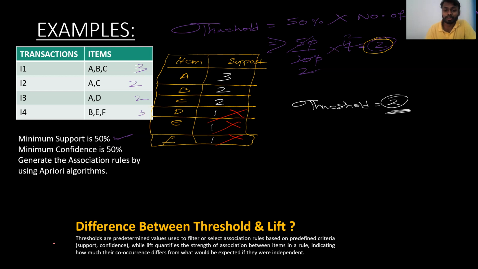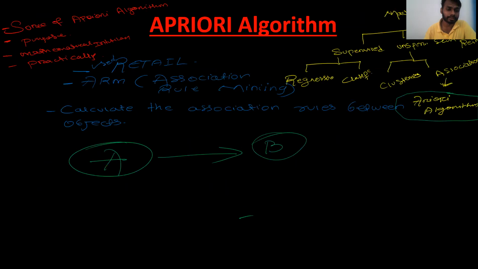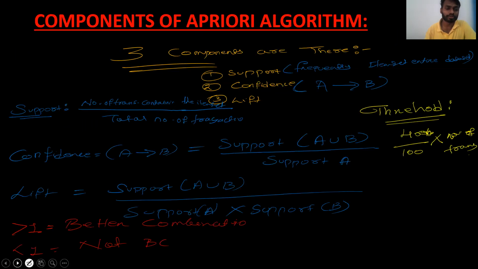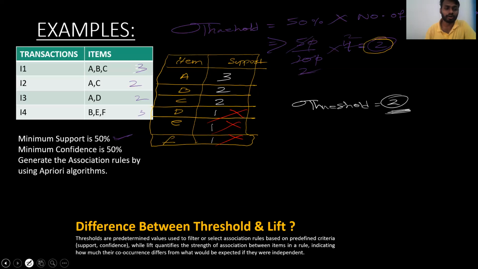Clear everyone? Now maybe in your mind the question is, sir, you are saying that the threshold is 2 and you are finding the best product here. Similarly, in the lift concept, if you get a greater than one value, that one is the best, and if we get a less than one value, then that one is the bad part, right? Here I'm talking only about the best combinations.